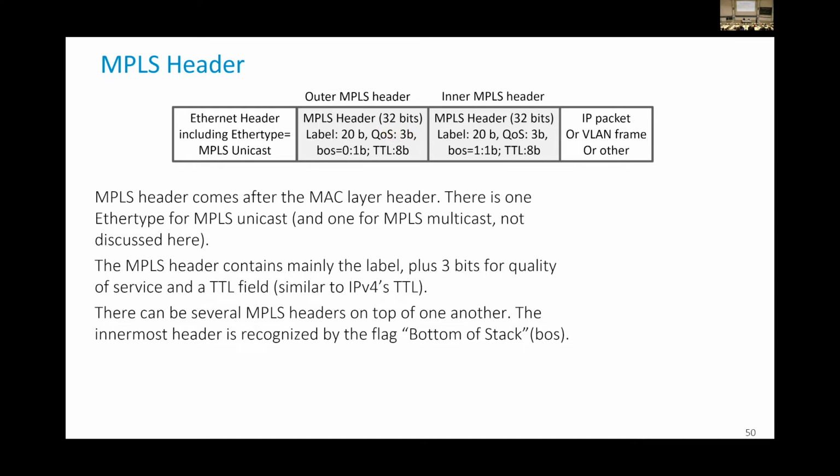Quality of service is the same quality of service we've seen in IP. This is used, for example, if you want in a provider network to make a difference between labels or label switch paths that are used for interactive video and audio versus batch transfers. Or different customers may have paid for different tariffs.